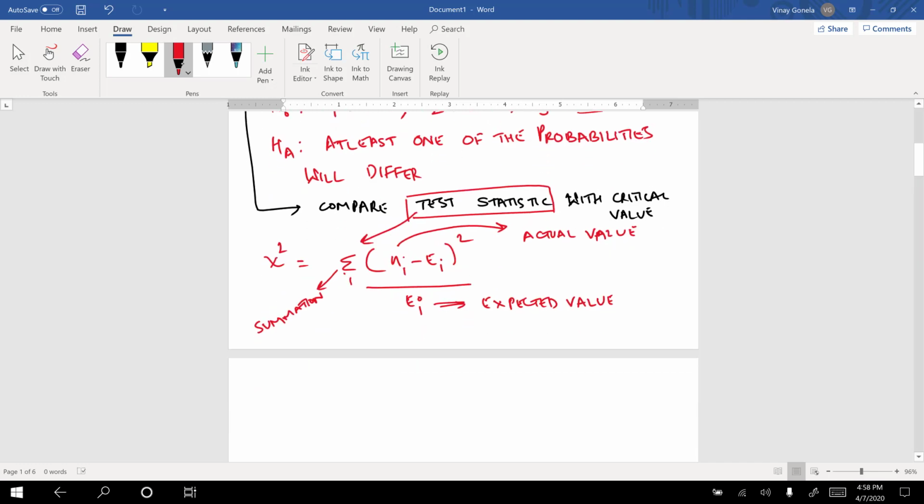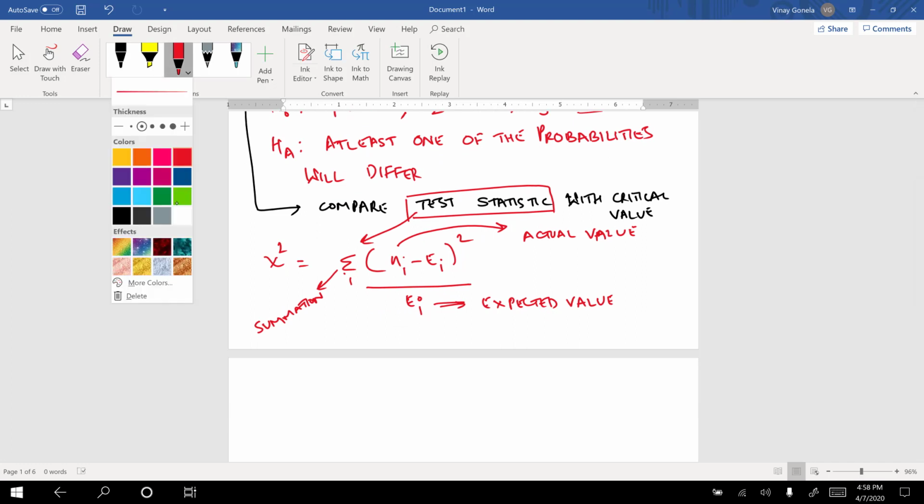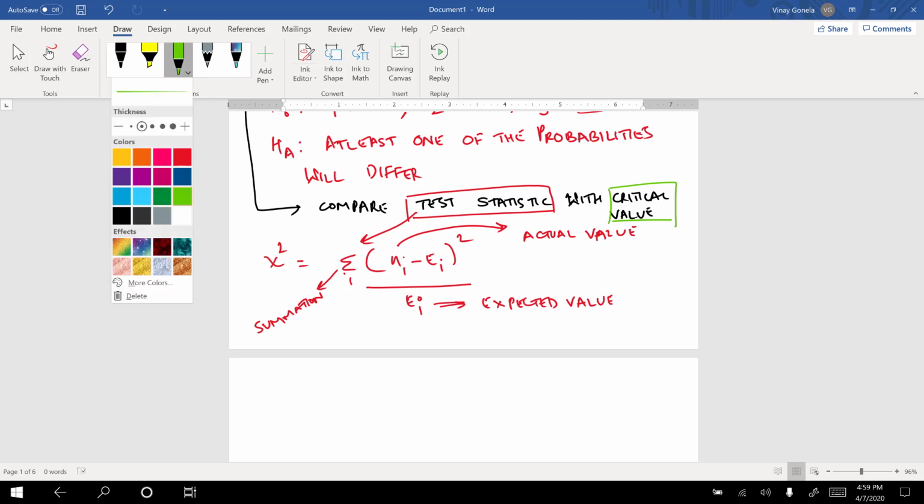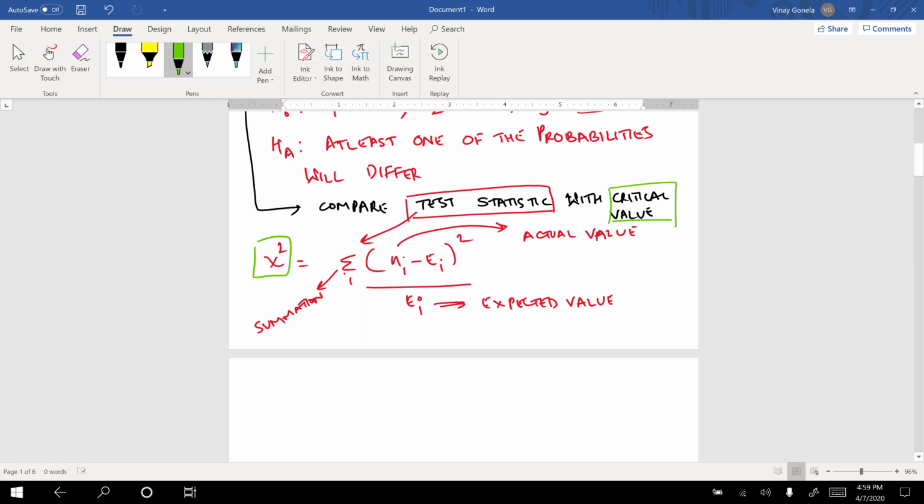Then you compare this to the critical value. When you are comparing, if this chi-square value is greater than chi-square alpha, where alpha is the significance level, and k minus 1, then you reject H null.